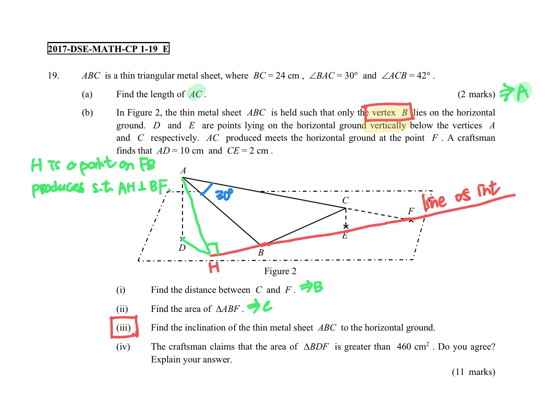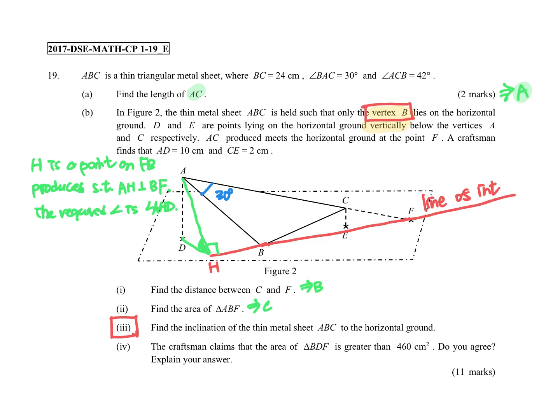And then the required angle would be angle AHD, this angle. Because DH will also be perpendicular to BF according to the theorem of three perpendiculars, because AD is perpendicular to the horizontal ground.